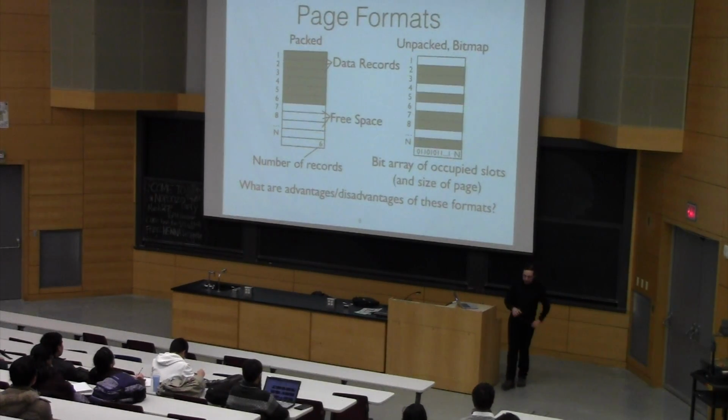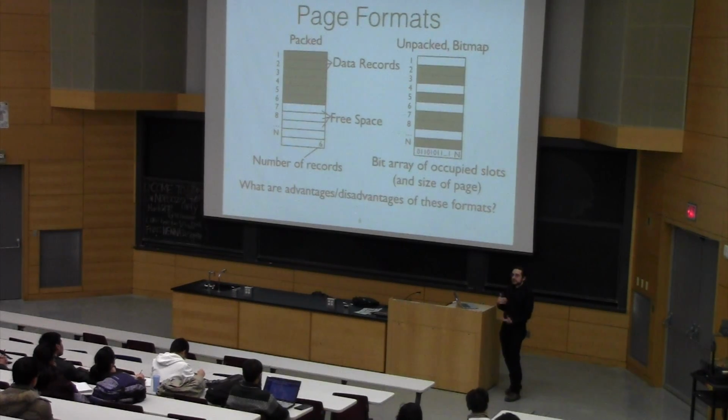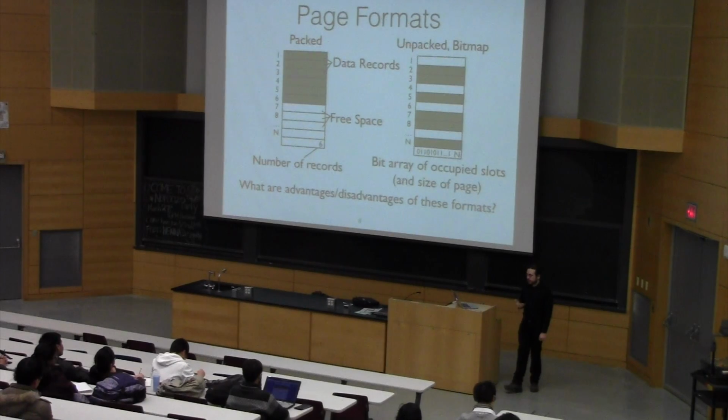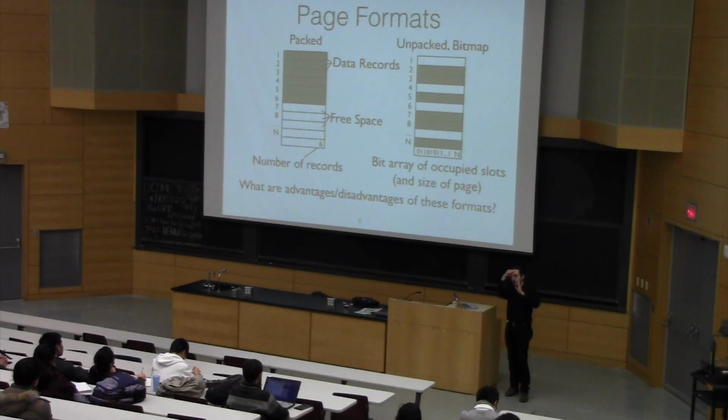Anyway, getting back to this, the first decision we need to make is how densely we want to store these records. At one extreme, we can take all of the records and store them in one big contiguous blob.